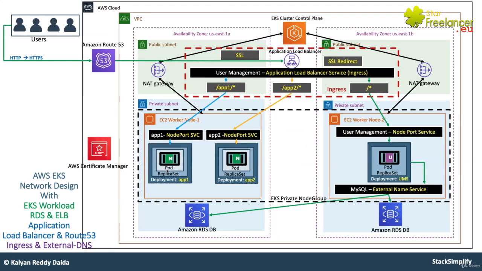If we see our current architecture diagram, whatever we have discussed so far, other than the RDS databases and the Route 53 entries, everything else we have provisioned using Kubernetes manifests. That means the deployment, node port services, application load balancers, path-based routing, SSL and SSL redirect. We just created the certificate and the Route 53 related registered domains and hosted zones with the record sets manually.